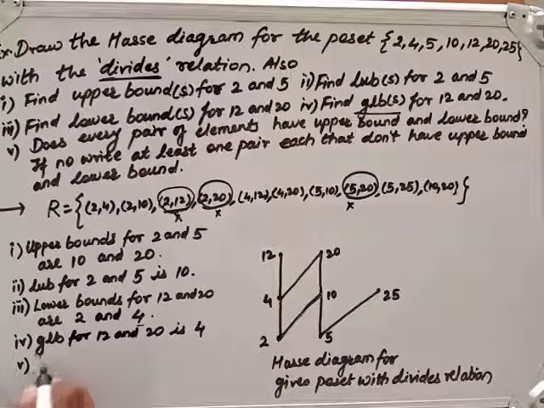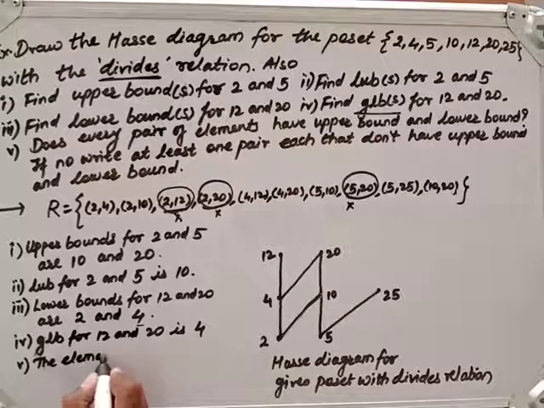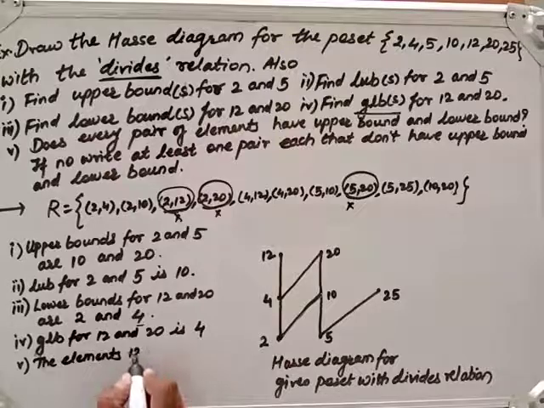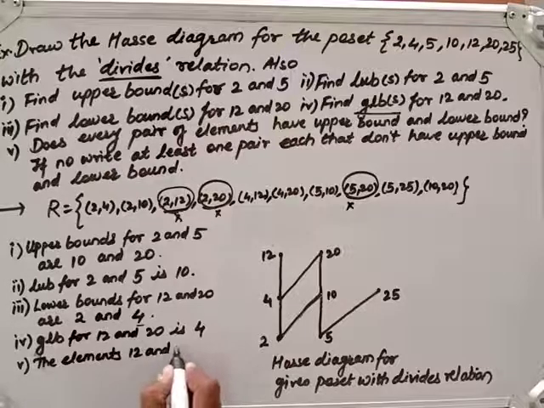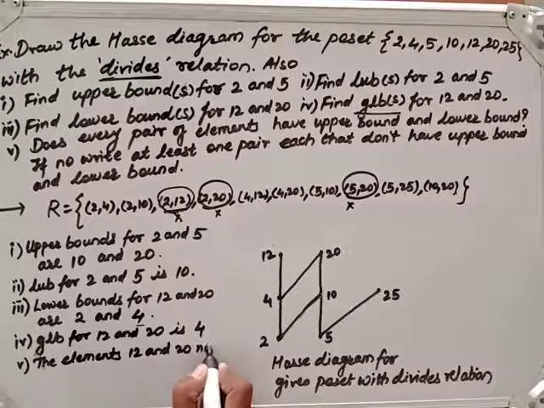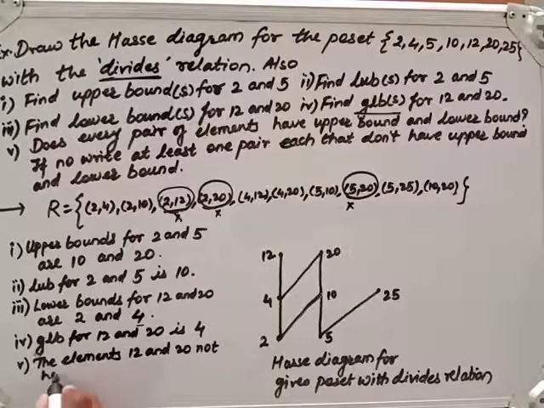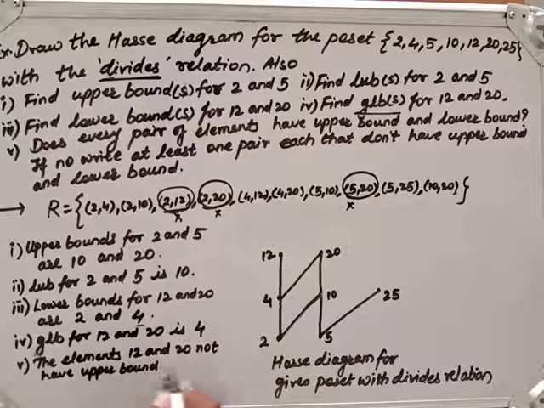So I can see here the elements 12 and 20 do not have an upper bound. They are not related to any further element. Fine. They don't have an upper bound.